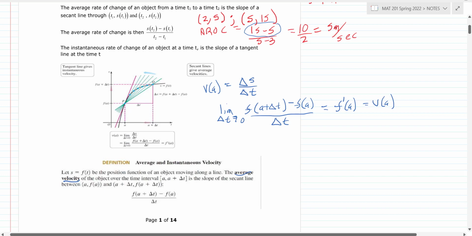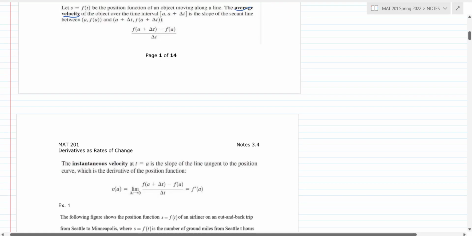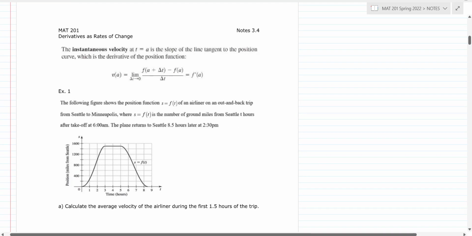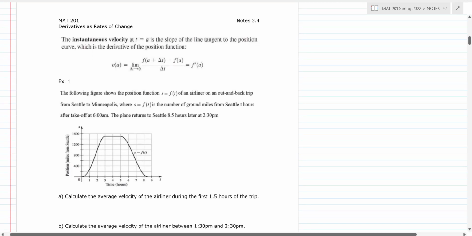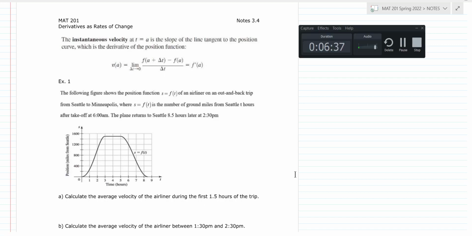Calculating that slope is finding that average rate of change. Now when you do an instantaneous velocity, that's an instantaneous rate of change. So now you're taking a limit as delta t goes to 0, and that gives you your derivative.